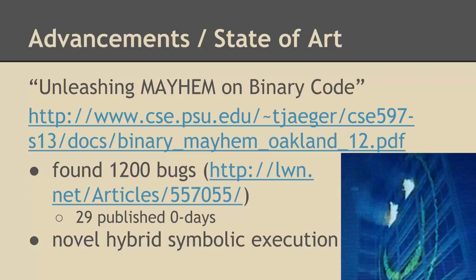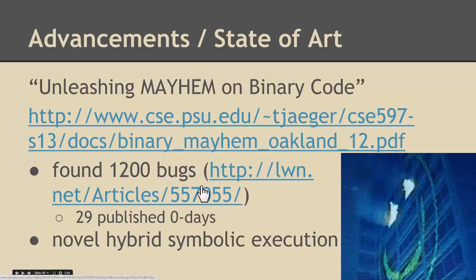Another interesting development lately came out of Carnegie Mellon University's Security Lab and their application Mayhem, and the paper is Unleashing Mayhem on Binary Code. Effectively, at its core, Mayhem introduces a hybrid symbolic execution technique along with other testing techniques and fuzzing.